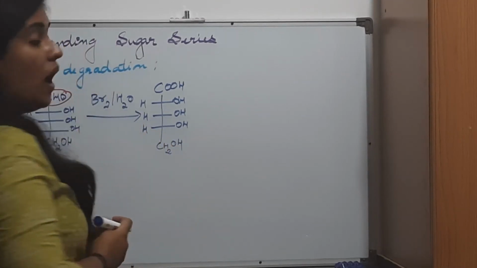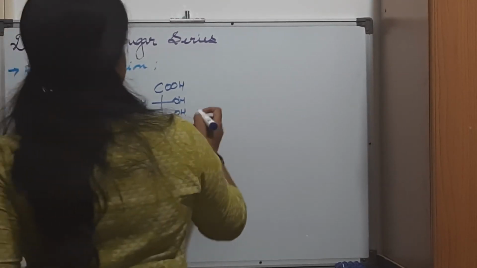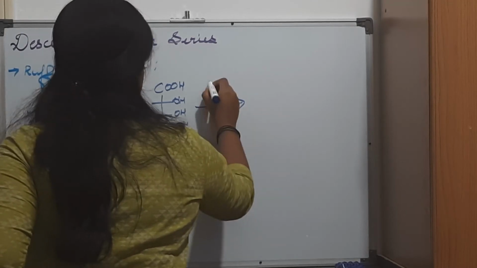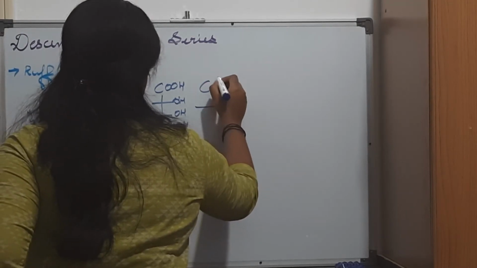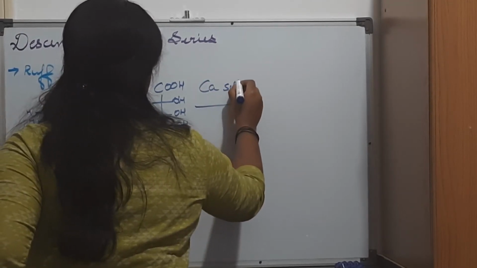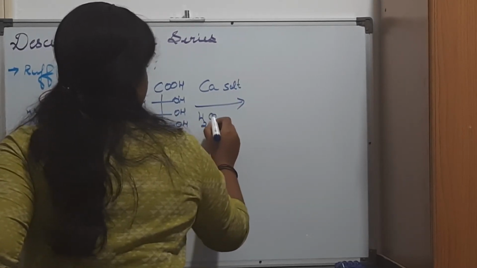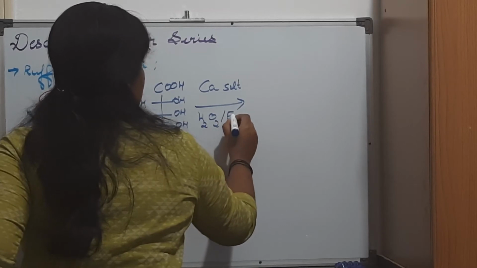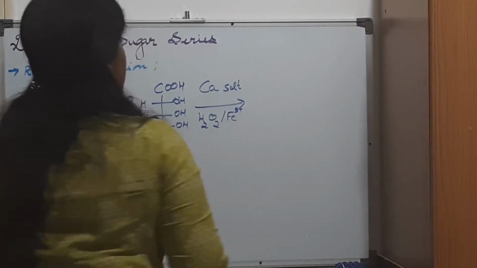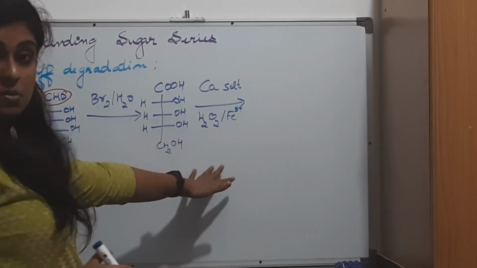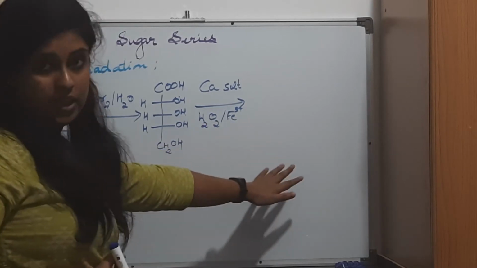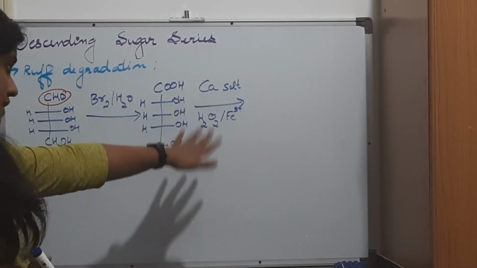Now the next step is I treat this with a calcium salt and also further with Fenton's reagent. What is Fenton's reagent? Fenton's reagent is Fe3+ in hydrogen peroxide, H2O2 with Fe3+ ions.